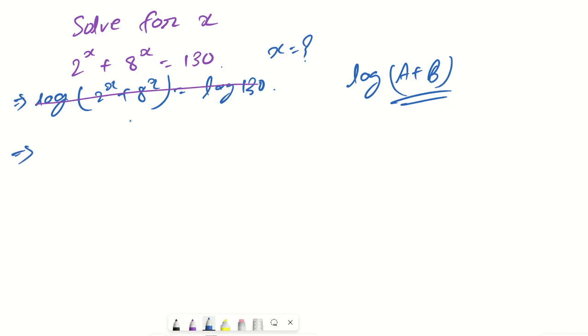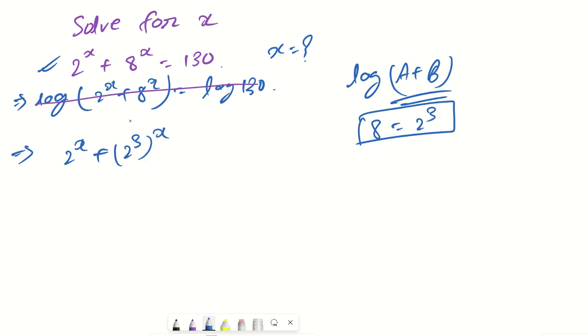What we can do is we can take one more method. Let us say 8 is there, right? So 8 can be written as 2 to the power 3. So why don't we do that one? We can take up 2 to the power x plus (2 to the power 3) to the power x is equal to 130. From here, you already know, let's say, a to the power m to the power n can be written as a to the power mn.